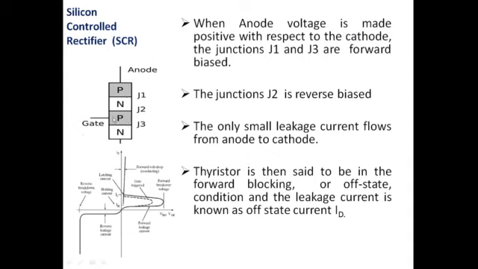Because of these temperature dependent intrinsic carriers, minority current flow exists across this junction. That current we call leakage current. This leakage current flows from anode to cathode, so a small current is flowing.